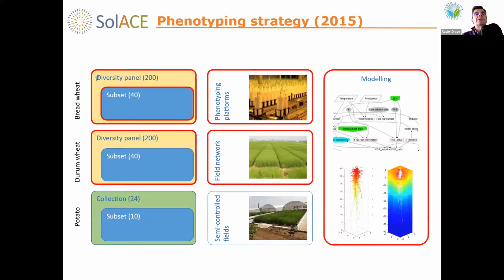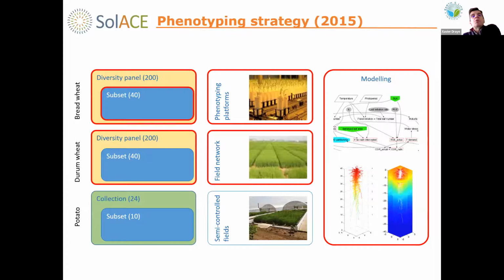One of the work packages in the project was dealing with genetics, which led us to work with large panels, and we chose diversity panels of more than 200 lines in red wheat and in durum wheat.